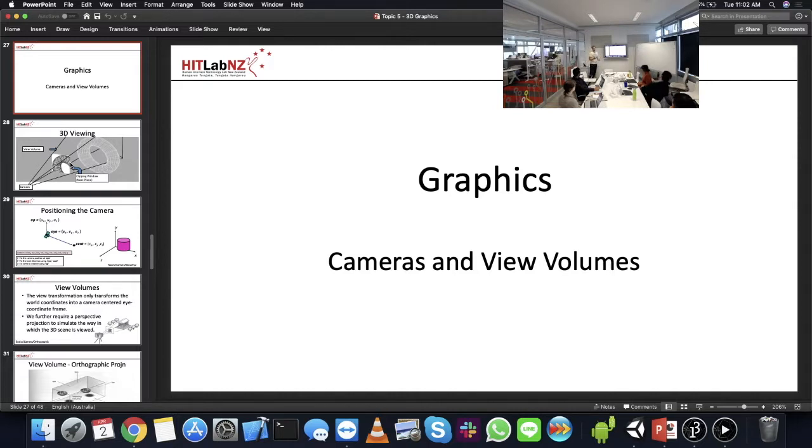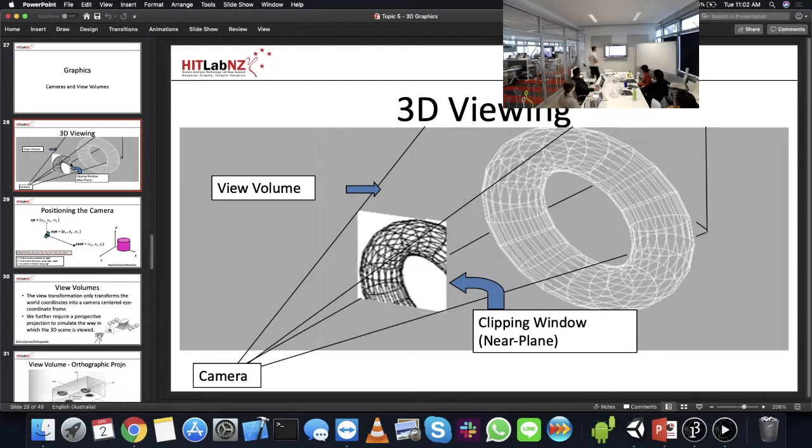A camera in 3D graphics is the same as a camera or video camera in the real world, and it represents a single view within a 3D world. If I was to paint a picture or take a photograph from my current perspective, it would be one view into this world of objects with their relationships to each other.